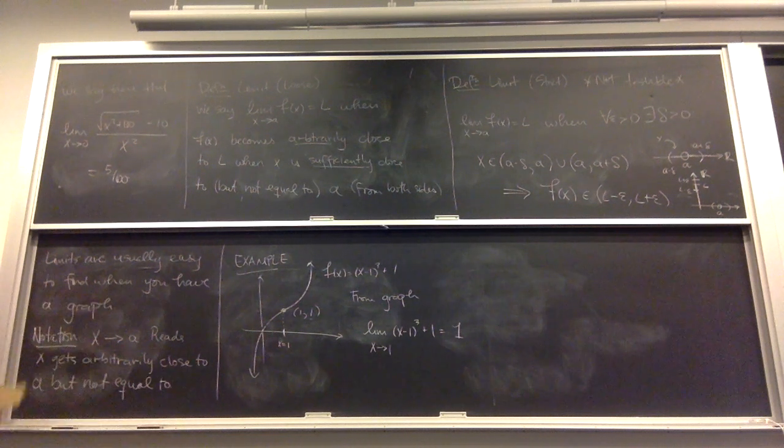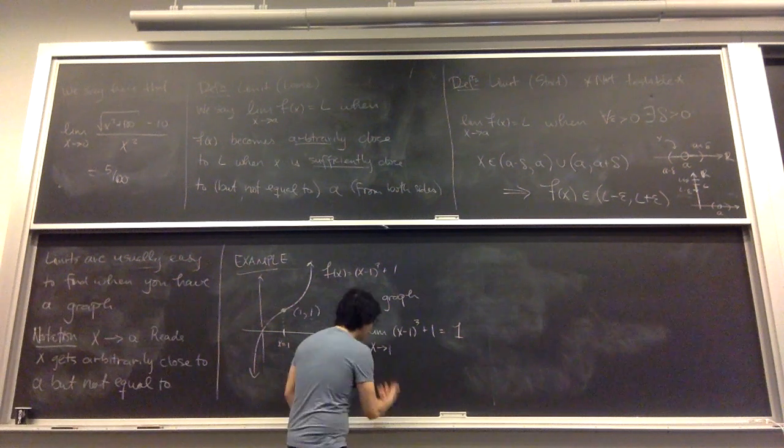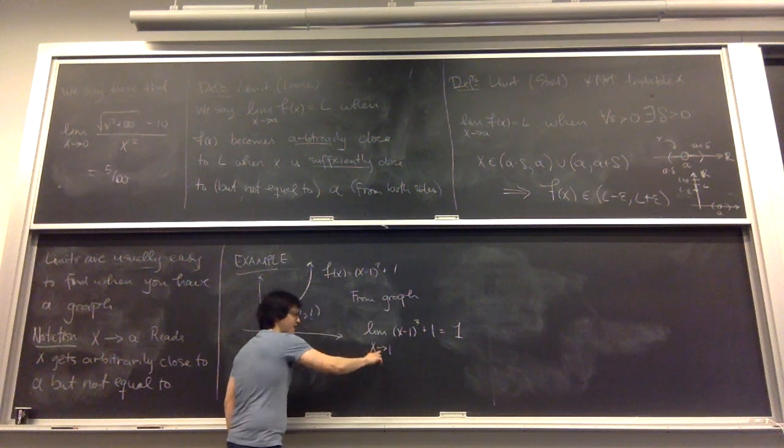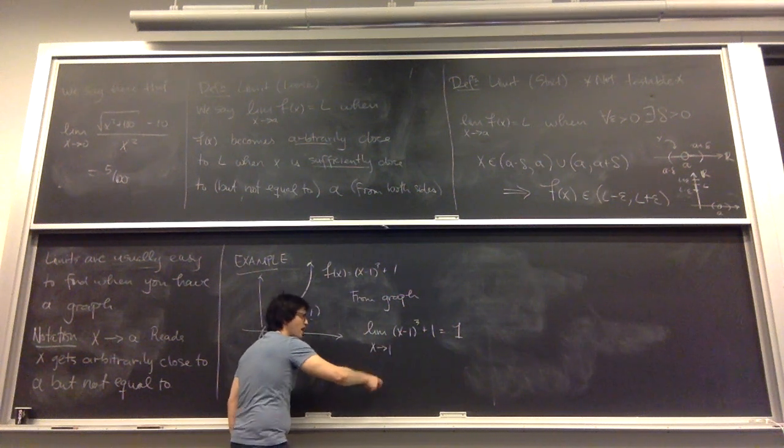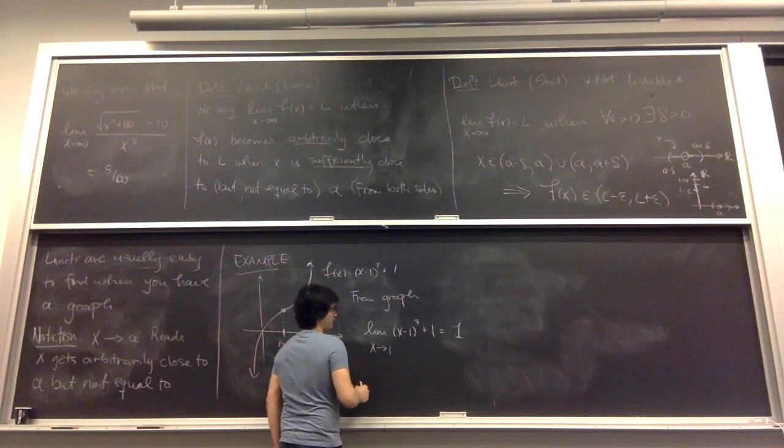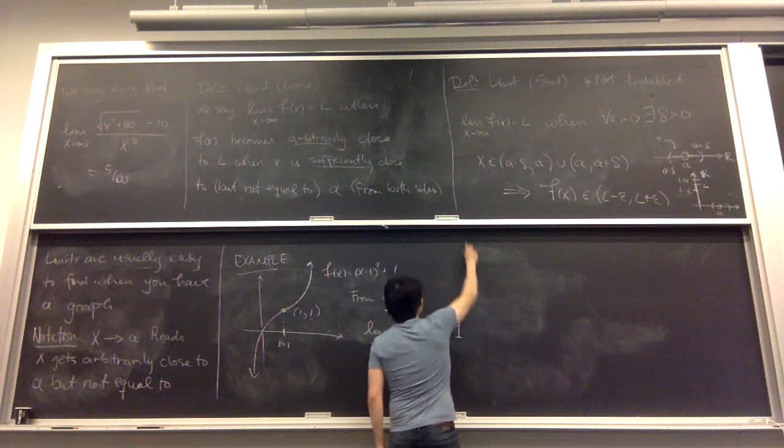So this really has a strict meaning. Okay, so that's what this says. It says, as x gets arbitrarily close to but not equal to 1, this value goes to 1.